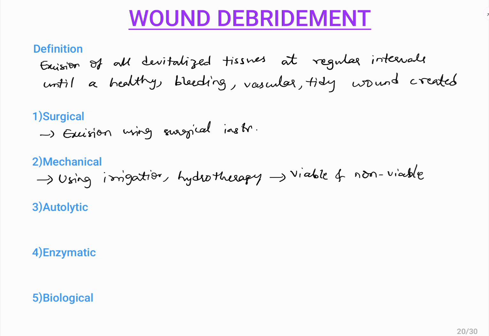In autolytic wound debridement, there will be use of some hydrocolloids which create a moist environment. Due to this moist environment, the enzymes which are present nearby the wound will get activated and they cause liquefaction of non-viable tissues.